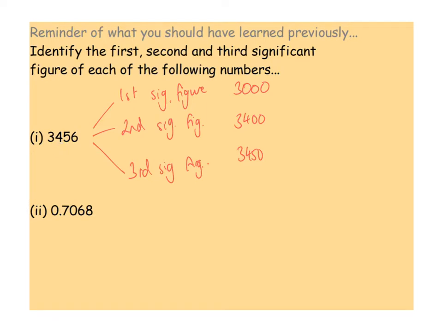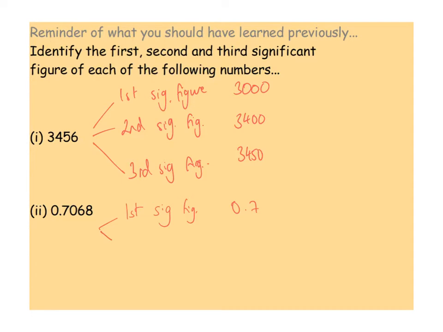On the second number, because we've got this preceding 0, this 0 isn't significant, so the 7 here is our first significant figure. So that would be 0.7.